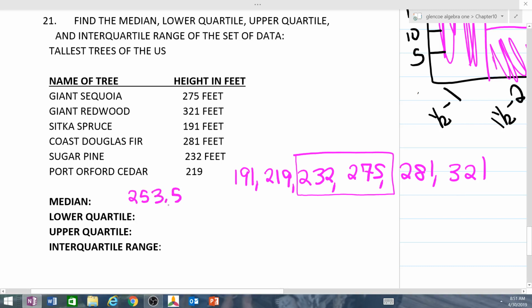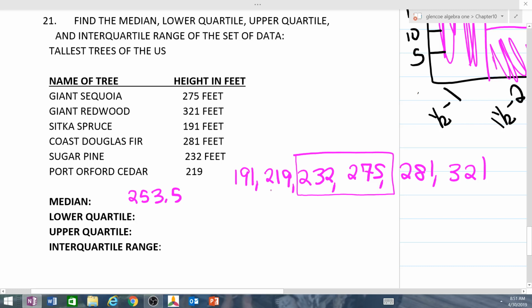Let's go ahead and continue. Can you look at me and listen? I'm going to be consistent in my teaching, so I'm going to ask you to find the lower quartile the way I told you to find it, which would be what? Okay. Which would be the what? The median of the lower half of the data, which would have been 191 plus 219 divided by 2.